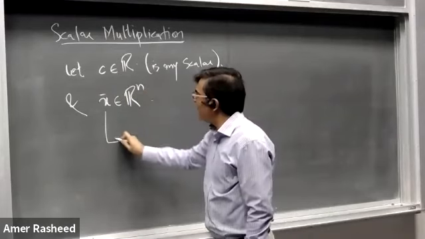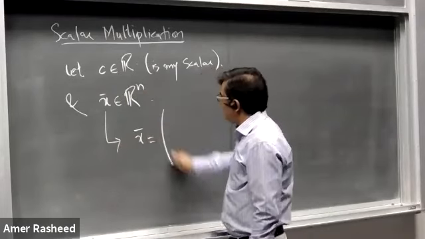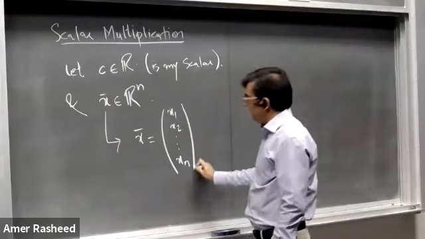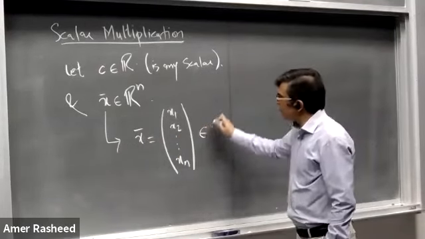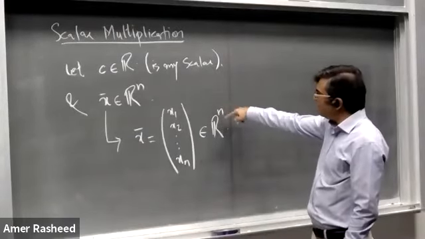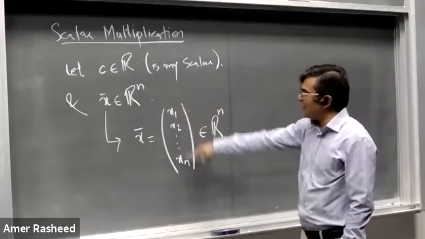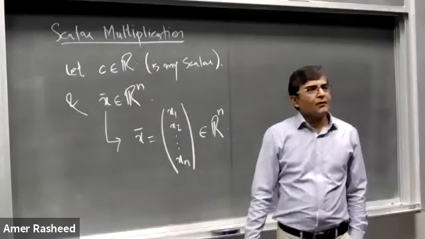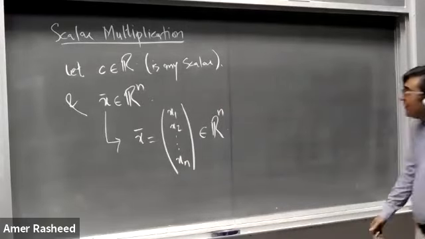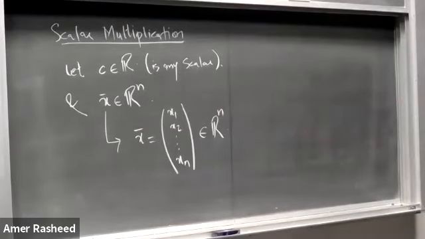It means we can write this X vector as x1, x2, so on, xn, because it belongs to Rn. Because its dimension is n, it must have n components. You should be able to differentiate between scalars and vectors.